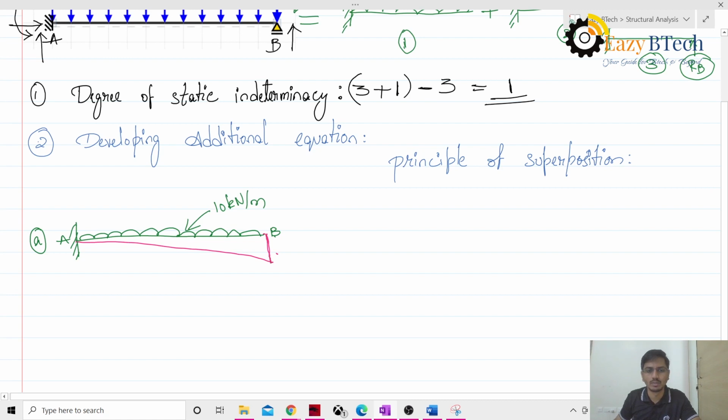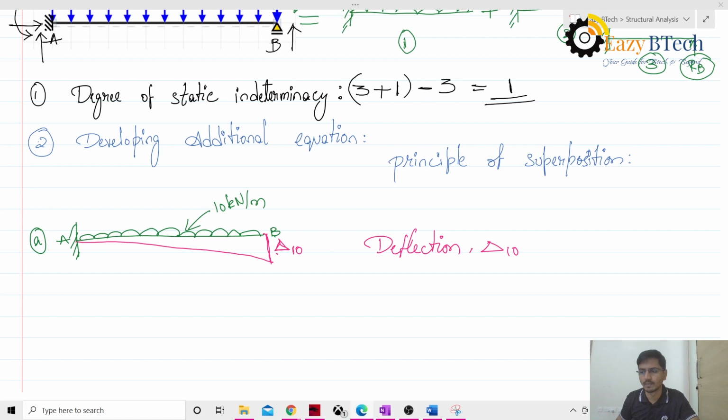I will represent it with delta 10. So what is the formula for the deflection? Delta 10 is given by W L power 4 by 8 EI. This will be negative because the deflection is acting in the downward direction.